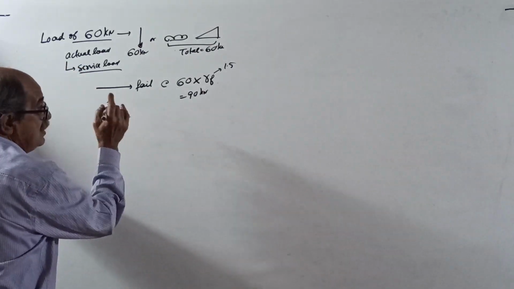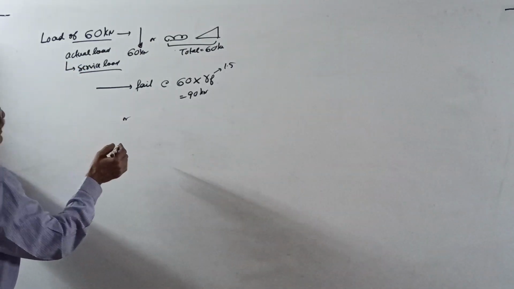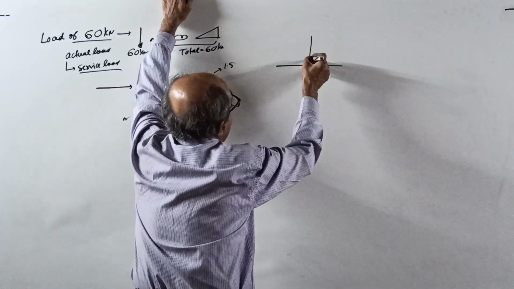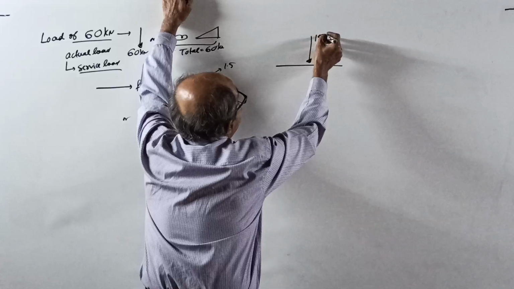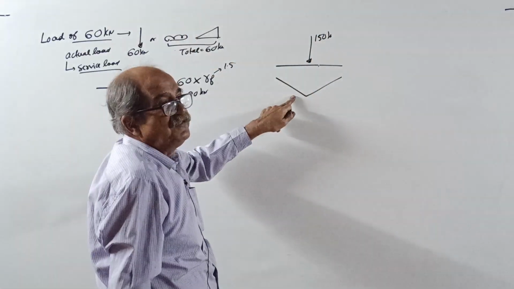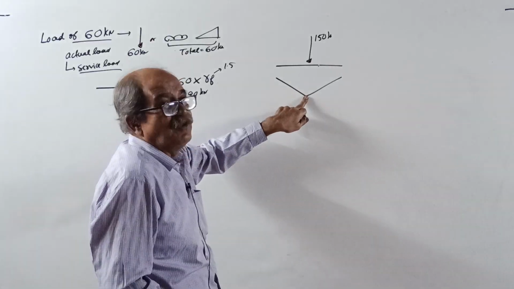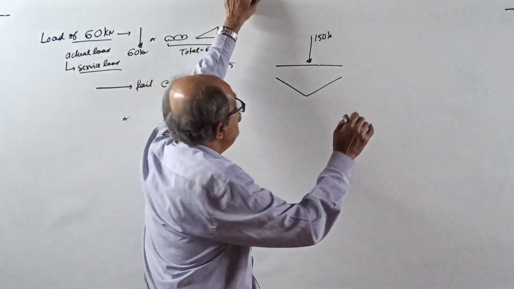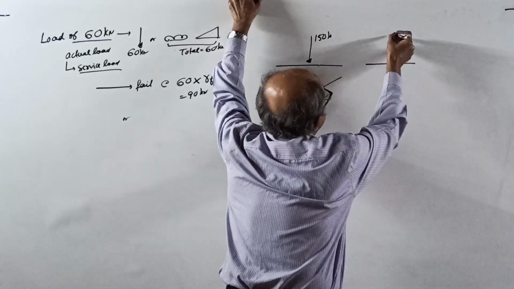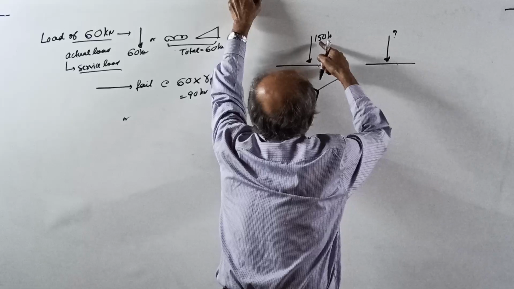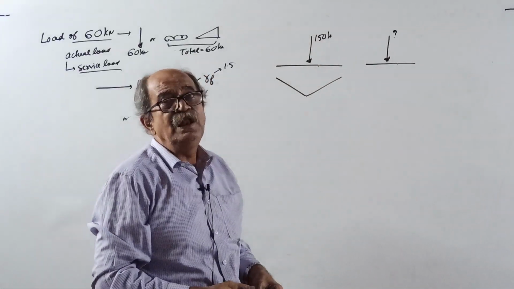Or suppose another member is found to fail at a load of 150 kilonewton, by plastic collapse. I will ask the students: in an existing structure, can I apply 150? They will tell, no sir.